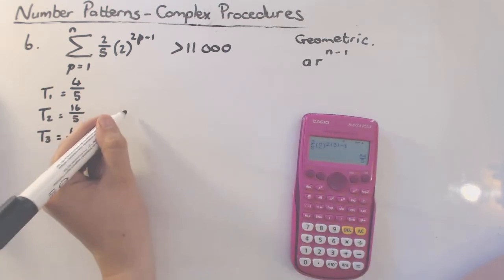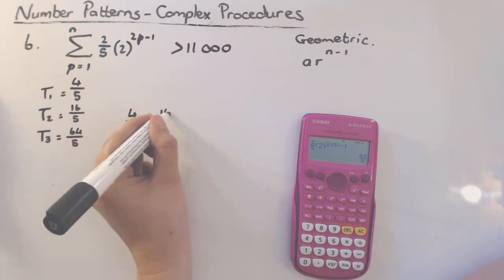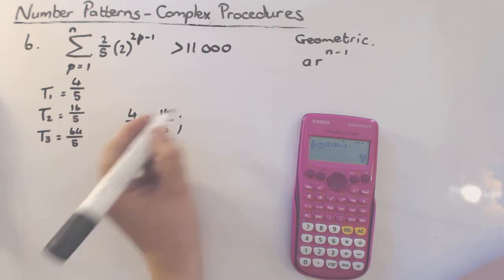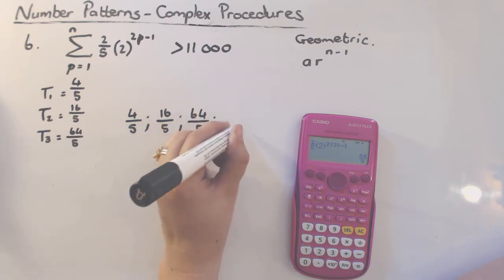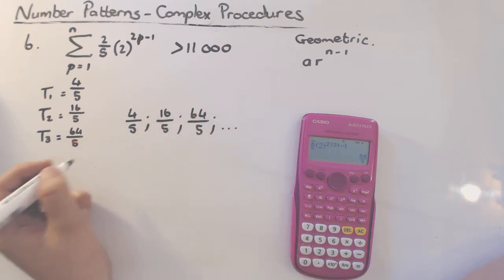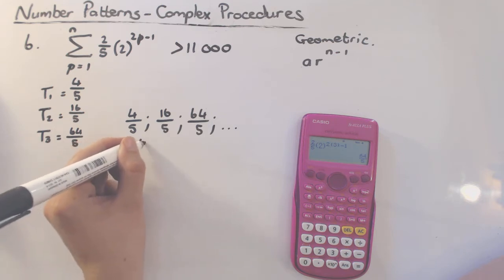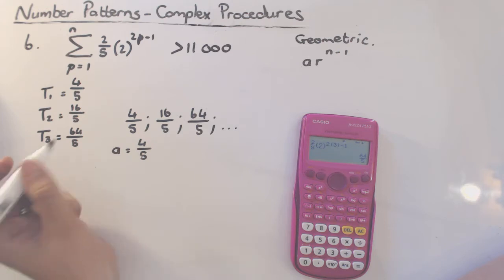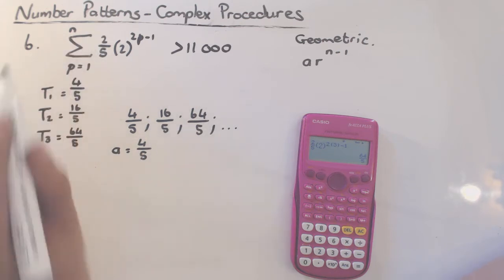Okay, and then if I write down this series 4 over 5, 16 over 5, 64 over 5, I can clearly see that this is a geometric pattern. The first term a is 4 over 5, actually not 2 over 5 as it seems there.